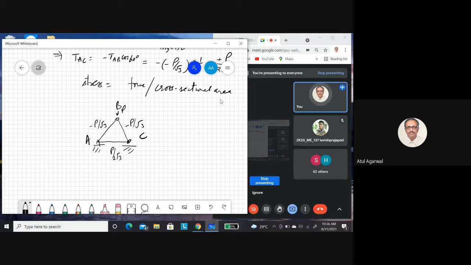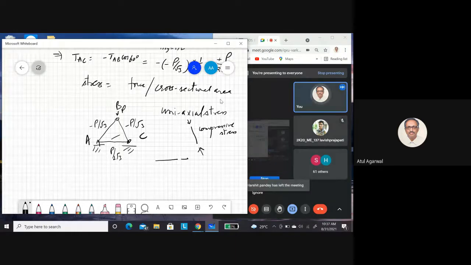So uniaxial stresses are there in these bars. Suppose this is the bar, the force is like this, so you have a compressive stress. This is the bar AC, your stress forces are like this, tensile stress.